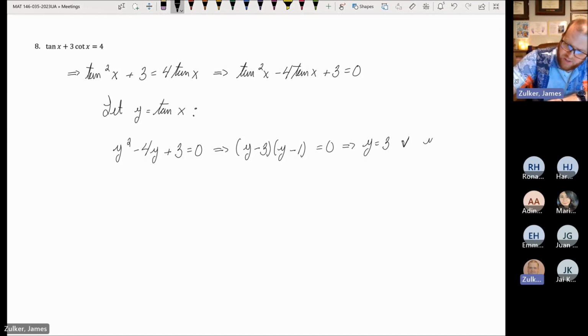We get y is 3 or y is 1. So tangent x is either 1 or it's 3.